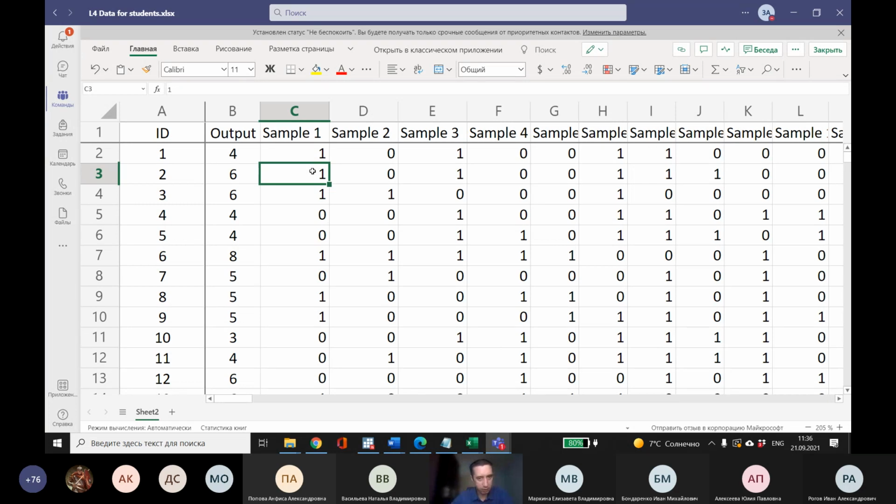These variables are binary. What does it mean? It means that sample 1 is a survey. I surveyed first, second, third respondent. I didn't survey respondent 4, respondent 5, but I surveyed respondent 6. It's one sample of surveyed respondents. Sample 2 is another survey.